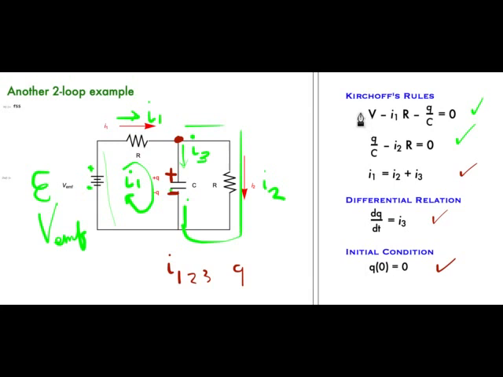So I won't work that out here in the video. I believe this problem might be one of the ln kappa problems. I'm not sure. But anyway, this shows how to set up the problem. It's a matter of Kirchhoff's rules, differential relations relating capacitance, the charge on a capacitor to the current entering the capacitor, and maybe initial conditions.